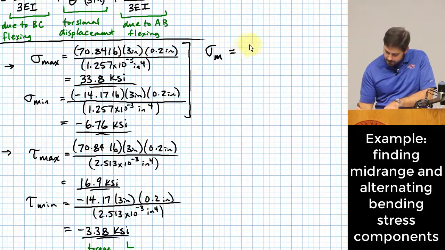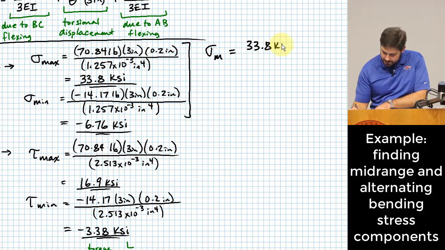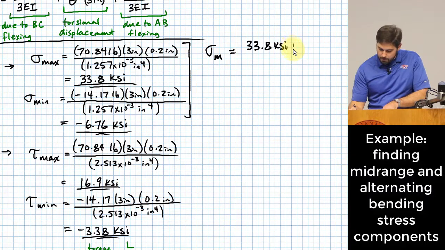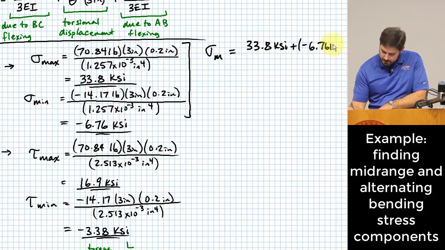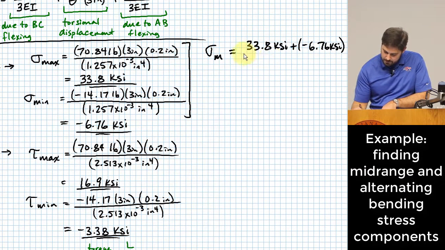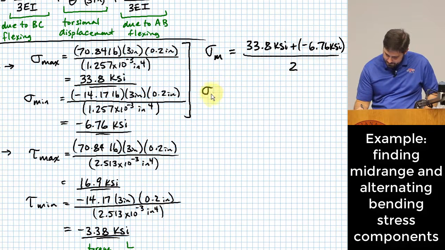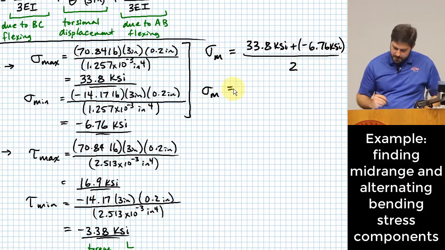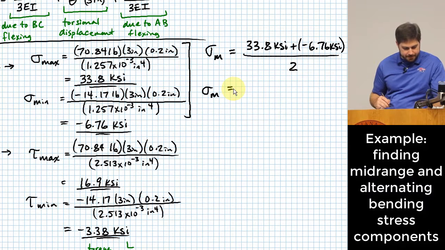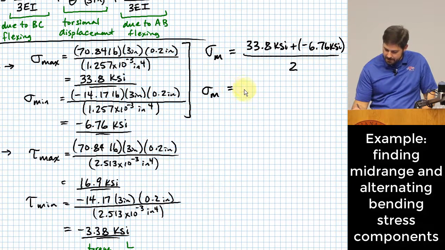It'll be 33.8 KSI plus a minus 6.76 KSI over 2. And so that gives me a mid-range stress value of 13.52 KSI.